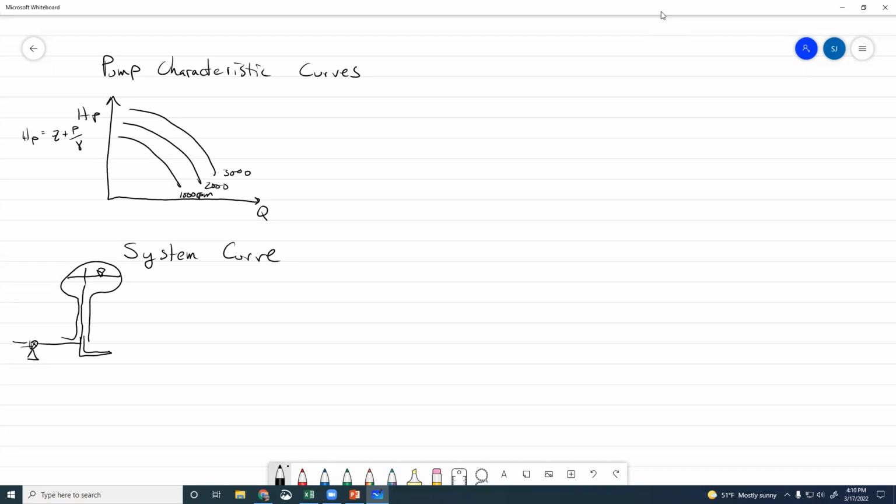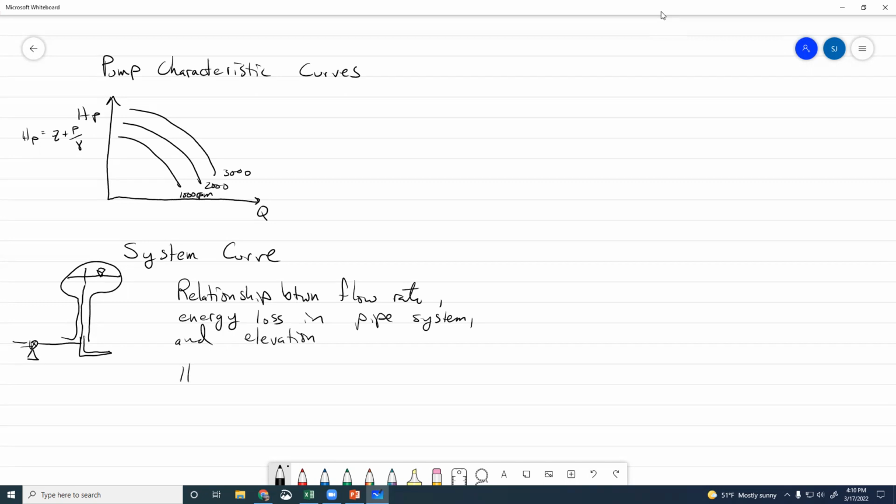And we calculate that system curve. This is a relationship between flow rate, energy loss in the pipe system, and elevation.